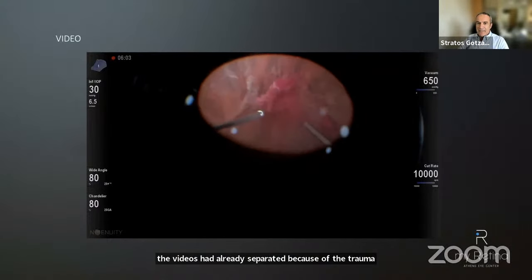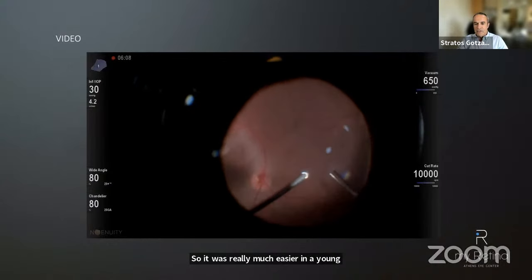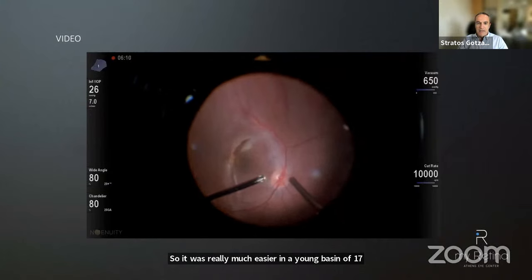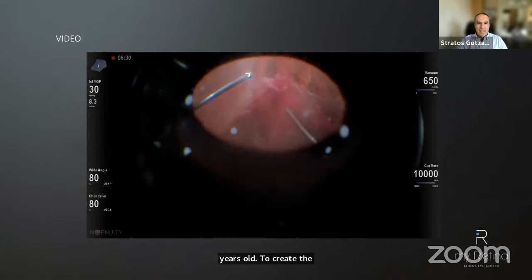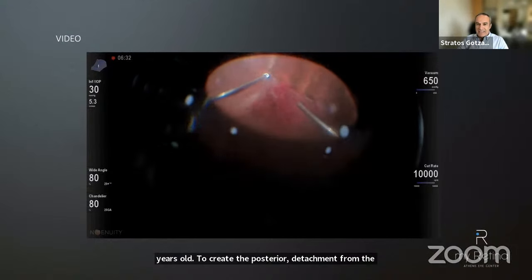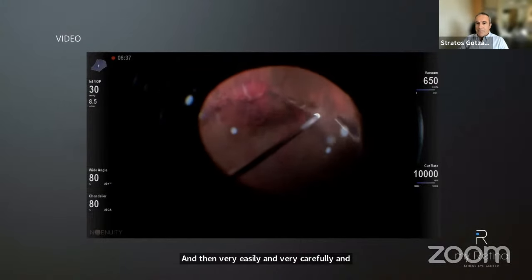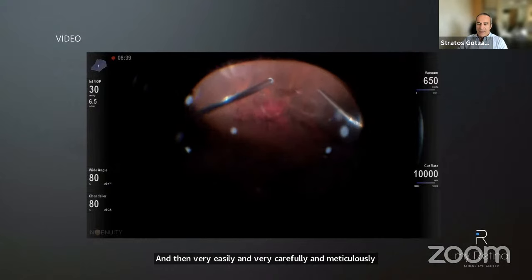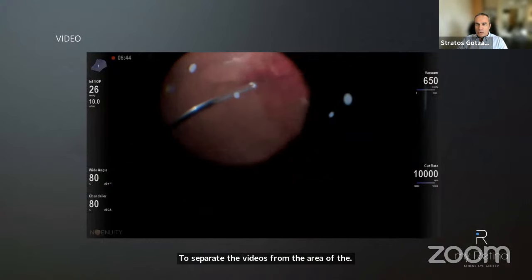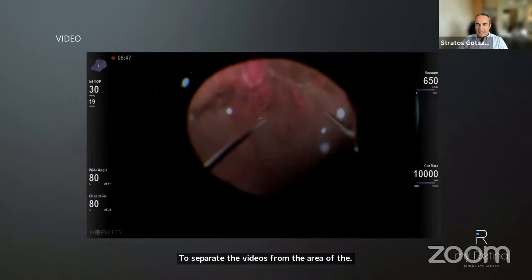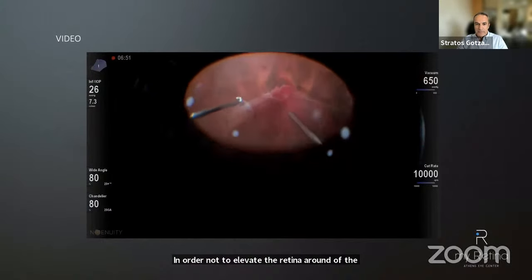So it was really much easier in a young patient of 17 years old to create the posterior vitreous detachment from the periphery initially, and then very easily and very carefully and meticulously to separate the vitreous from the area of the macula in order not to elevate the retina around the retina hole, the retina break.